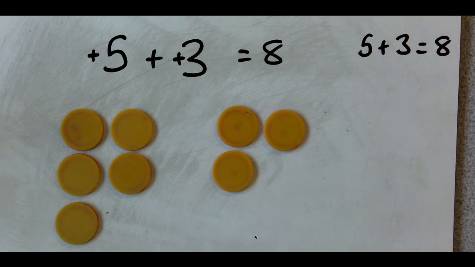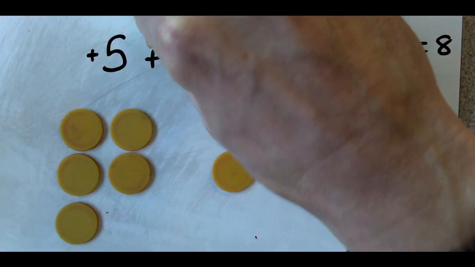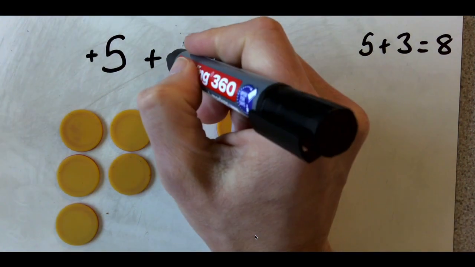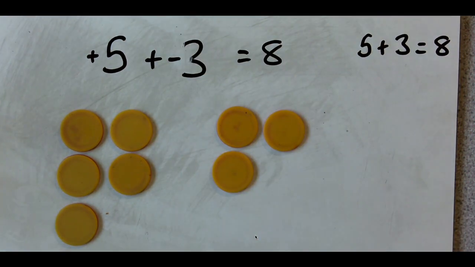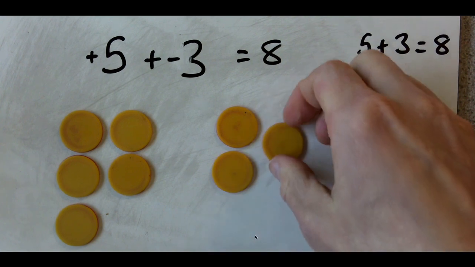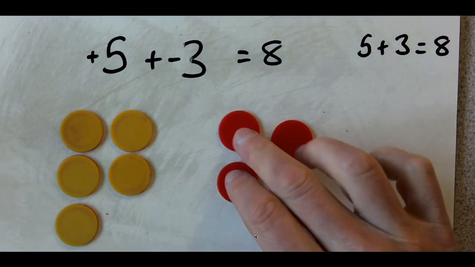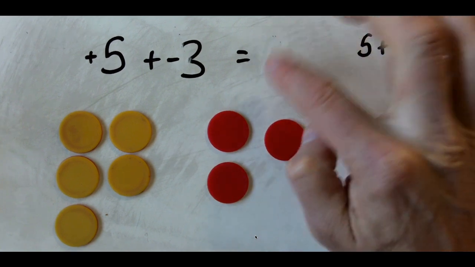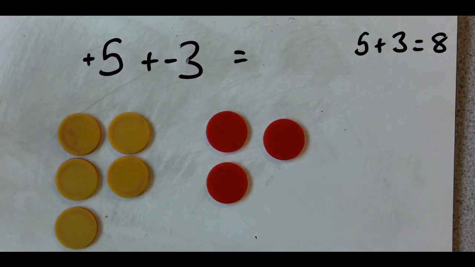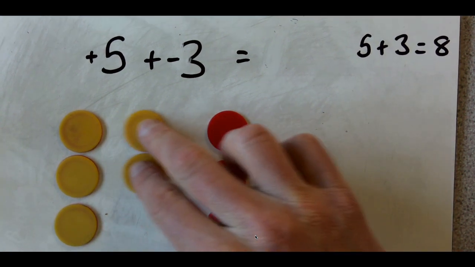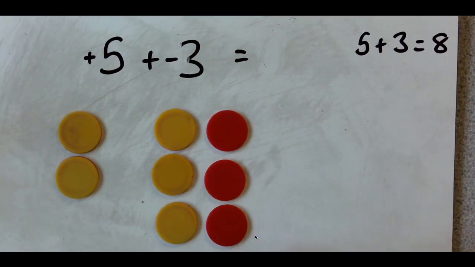Right, what we're going to do now is change it slightly. Instead of adding positive 3, I'm going to add negative 3. So remember our double-sided counters, we can turn them over. And now if we think about this one, we've now got 3 zero pairs that cancel out, haven't they?